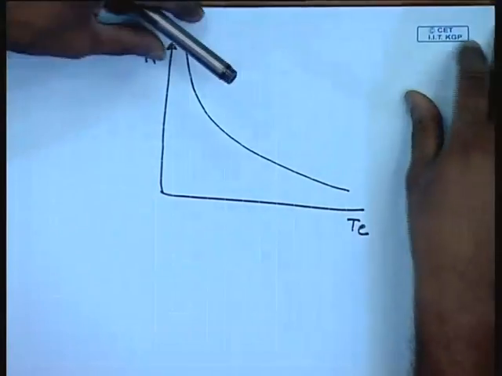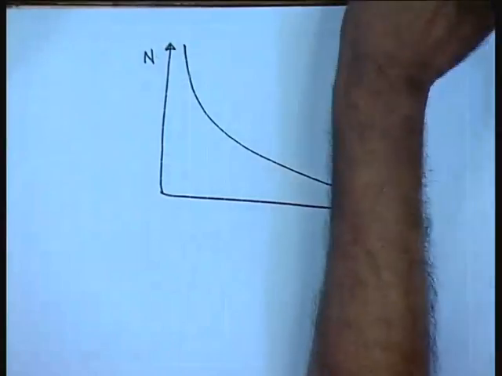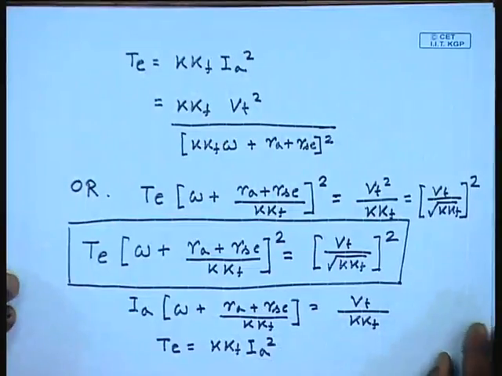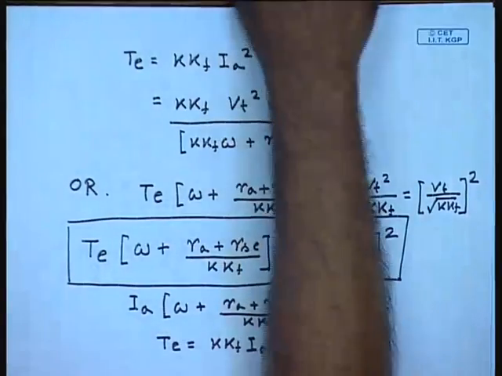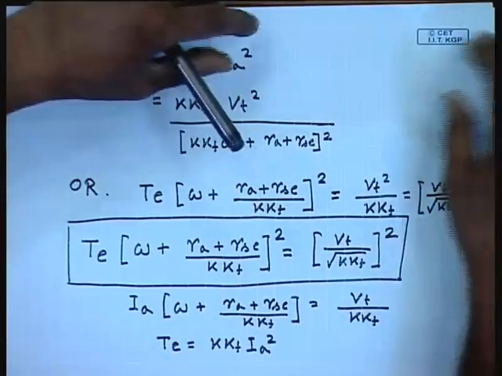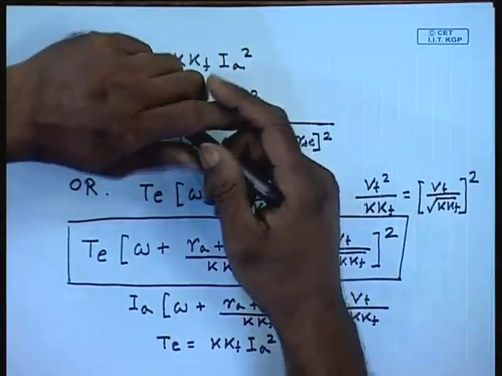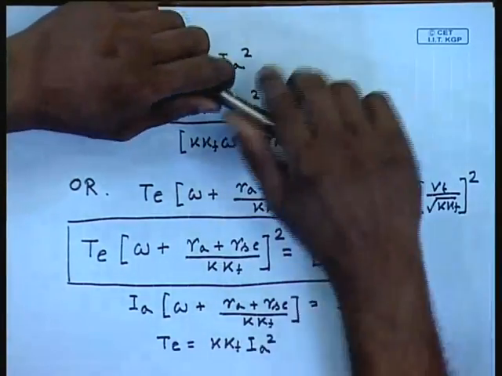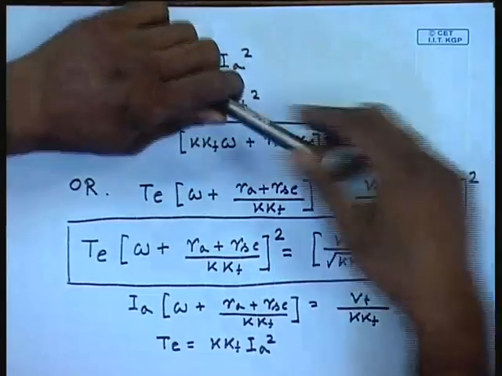A few other salient features about the ideal characteristics of a DC series machine. We see that in a DC series machine, the torque speed characteristics is proportional to the terminal voltage square.